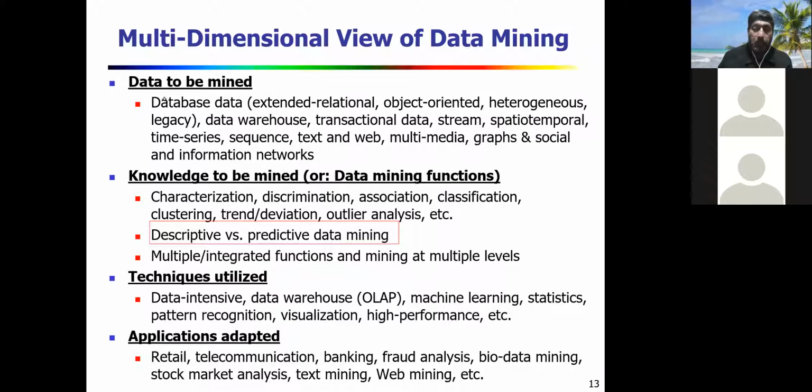So data mining can thus be called clustering or can be called classification and so on. We'll also briefly later talk about predictive and descriptive data mining because some of these tasks fall into predictive data mining and others fall into descriptive, and some actually can be both predictive and descriptive. We will mention this when we discuss these tasks in a bit more detail.